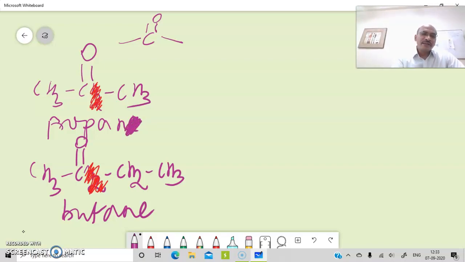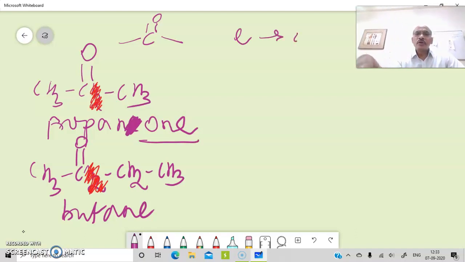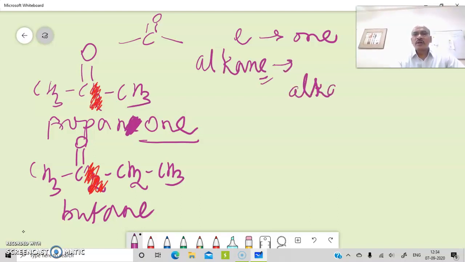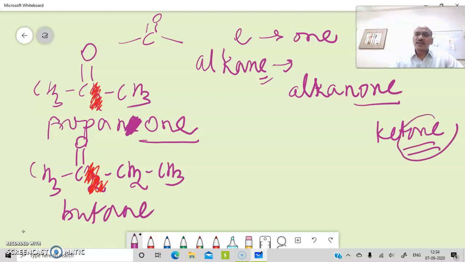We have to replace the suffix E of alkane by ONE. The suffix E of alkane is replaced by ONE for ketone, because in the ketone name there is ONE as a suffix, and that suffix is taken at the place of E of the parent alkane to make it alkanone. So the IUPAC wording for ketone is alkanone.